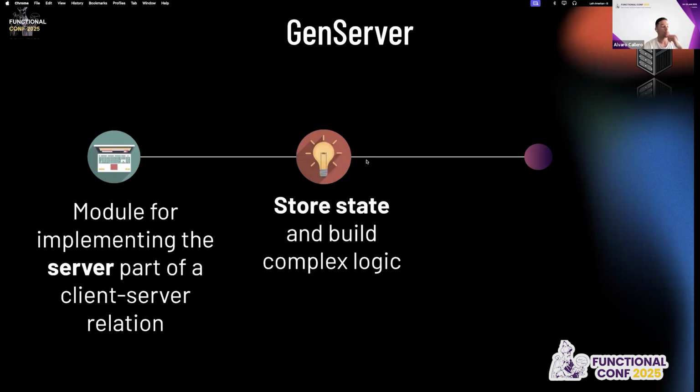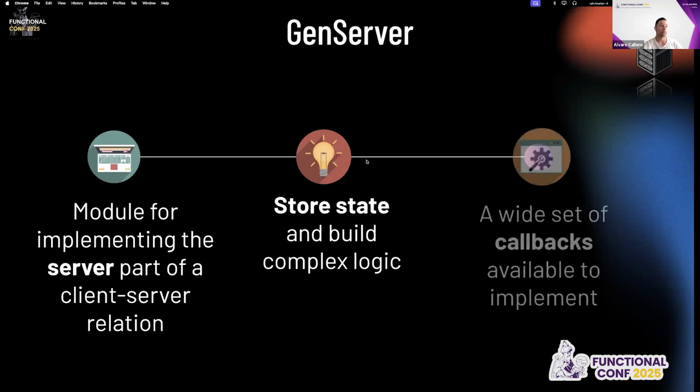We can store state and build complex logic apart from storing state in a GenServer like we already did in an agent. Here, the GenServer is a very good place to add complex logic, and this is also a very good model for building long-running services. We are going to see that we have a wide set of callbacks available to implement.